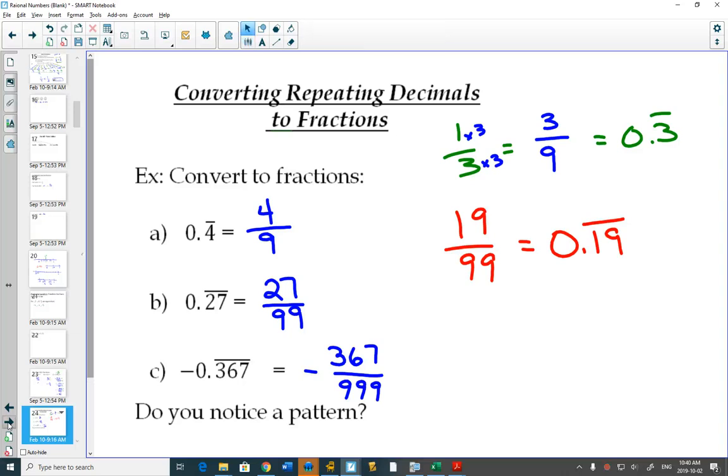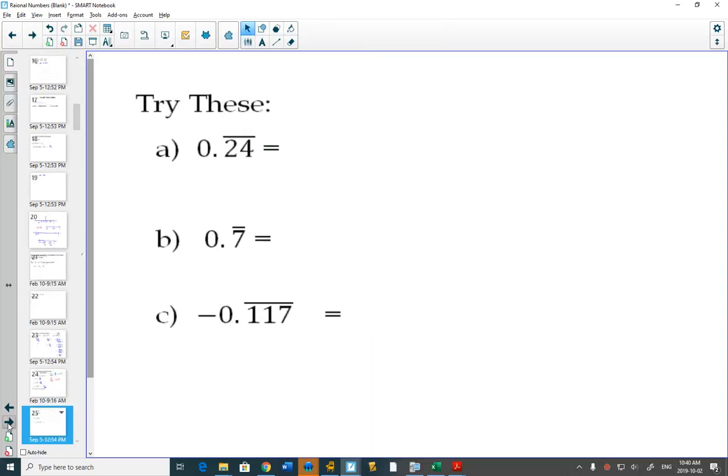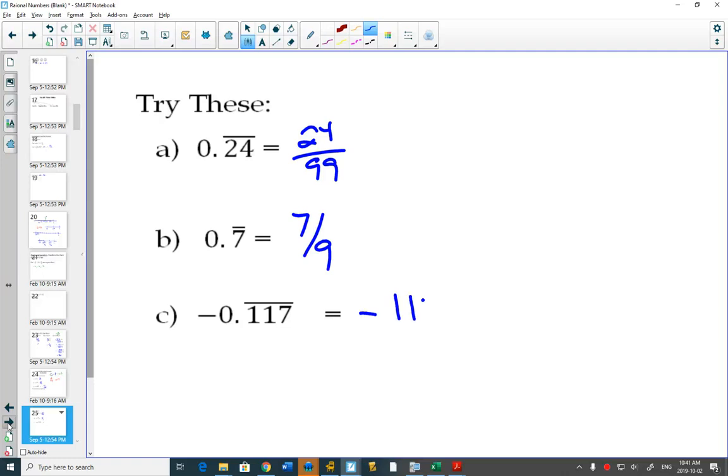Okay? So now a little bit of problem solving. Some of these are pretty easy, and then I'm going to add them a little bit more difficult. 0.24 repeated will be 24 out of 99. No problems there. 0.7 repeated, 7 out of 9. And negative. All right.